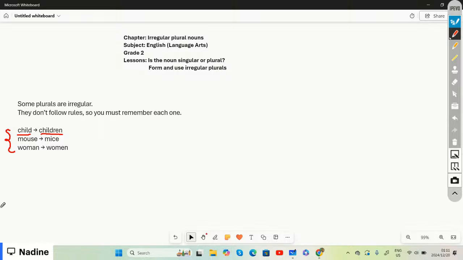It's the same with mouse. There's one mouse running up and down the house. One mouse.